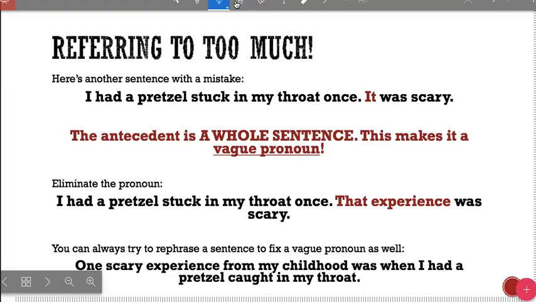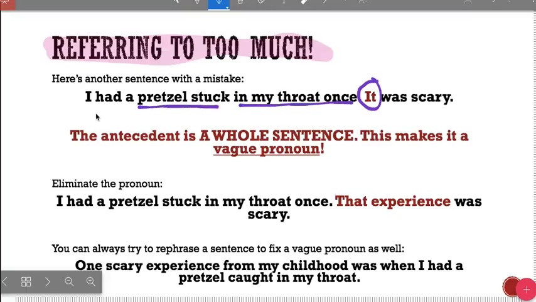Another error that makes something a vague pronoun is referring to too much. Let's look at an example. I had a pretzel stuck in my throat once. It was scary. It is my pronoun. So let's look for its antecedent. I had a pretzel stuck in my throat once. Is it scary because the pretzel got stuck? Or that it was in his throat once?